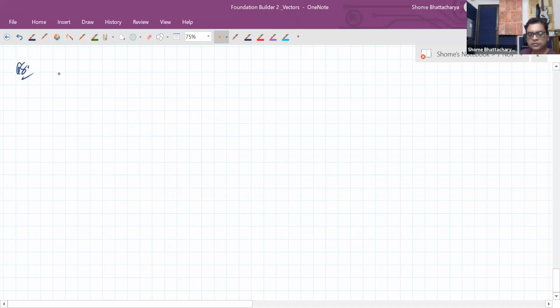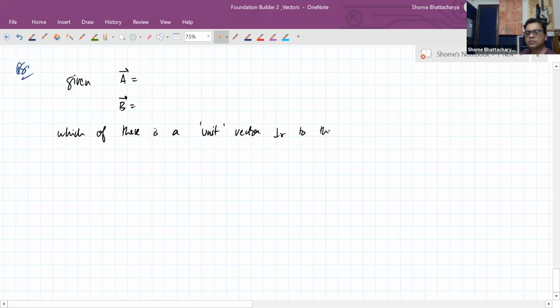So we have to find, given A and B, which of these is a unit vector perpendicular to the resultant of A and B. And then some options are given to us.